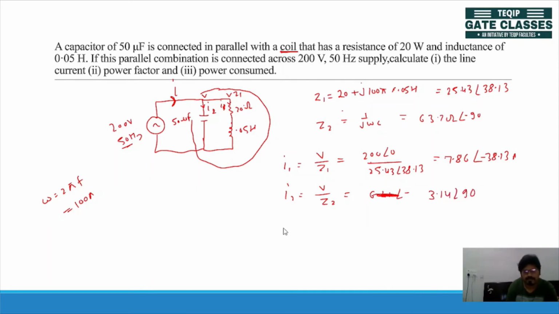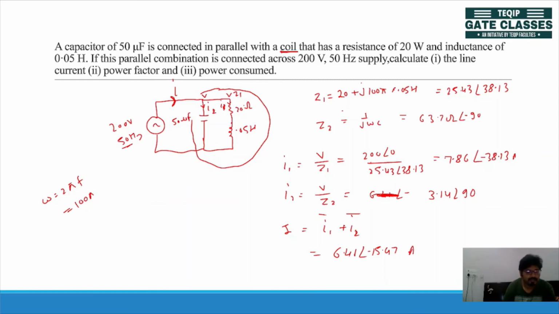Or if you want to calculate the source current, just add the currents you got earlier vectorially. If you add them, you will get the final current, that is 6.41 angle minus 15.47. This way you can calculate your current.